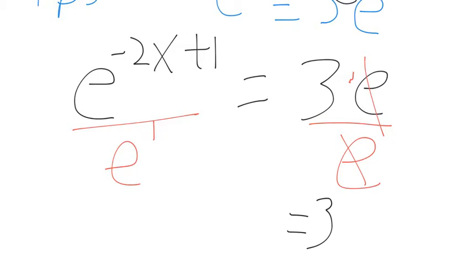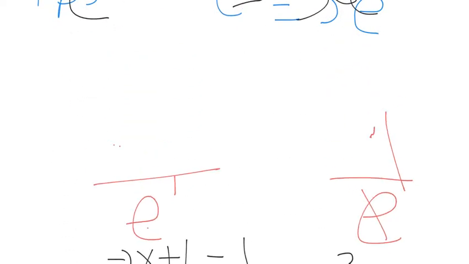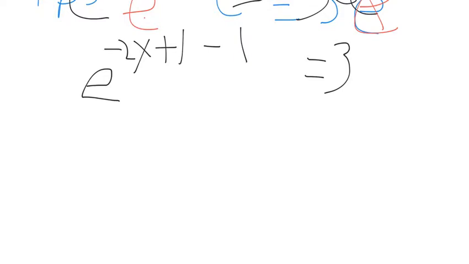So, when you're dividing two things that have the same base, you actually subtract the exponents. So it's e to a power of negative 2x plus 1, and then we have to subtract the exponent of the term on the bottom, so minus positive 1. That means we would end up with e to a power of negative 2x equals 3.